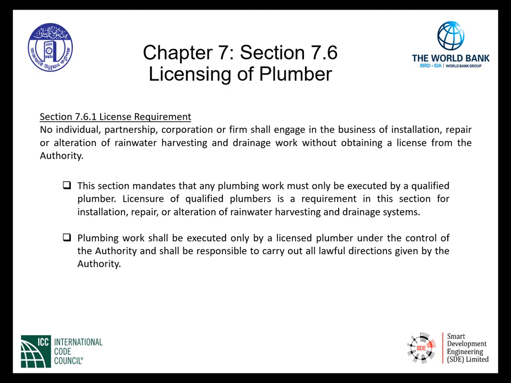This reaffirms that qualified individuals must install these systems in accordance with this code, and the license is given to the plumber after certain qualifications. Those qualifications will be indicated in the next slide.